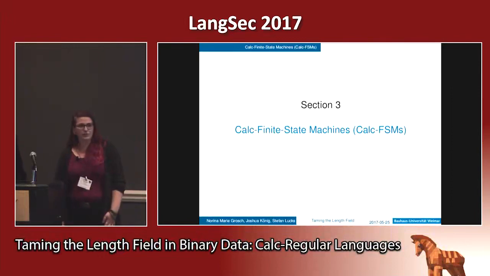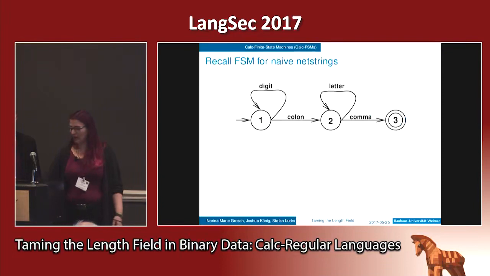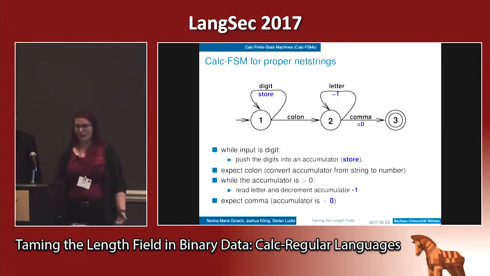Now to parse those expressions, we need some theoretic machines, and we call them Calc finite state machines or Calc FSMs. As a short recall, this is the FSM for a naive netstring. And a Calc FSM for the proper netstring could look like this. We added an accumulator, and the statements for the accumulator are highlighted in blue. As long as we're reading a digit as input, we store these digits in the accumulator with the store function.